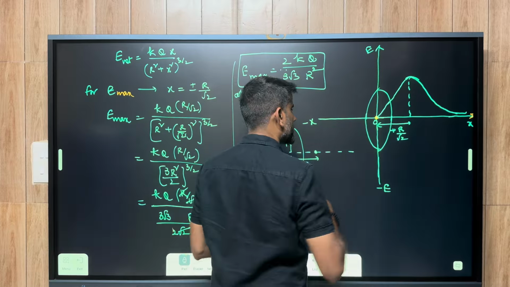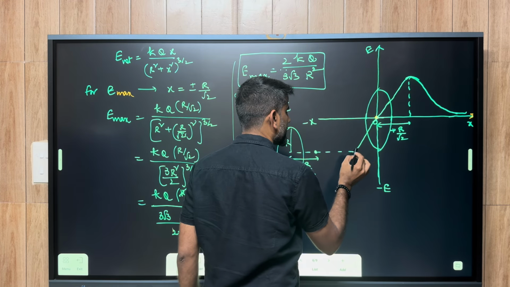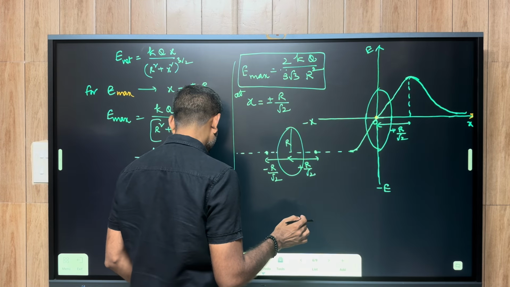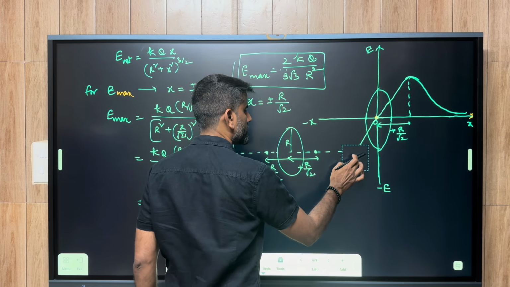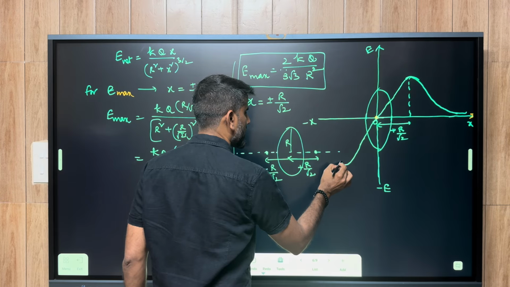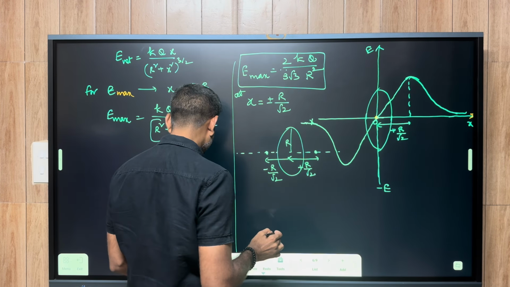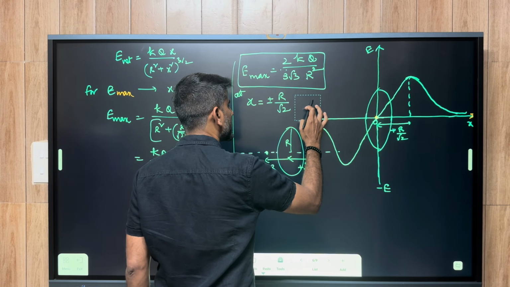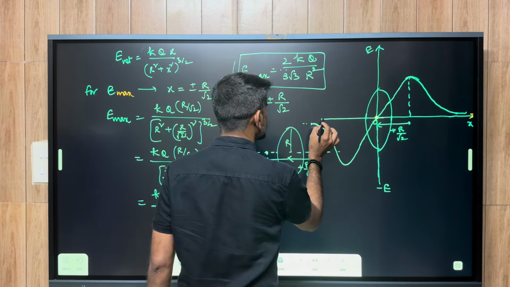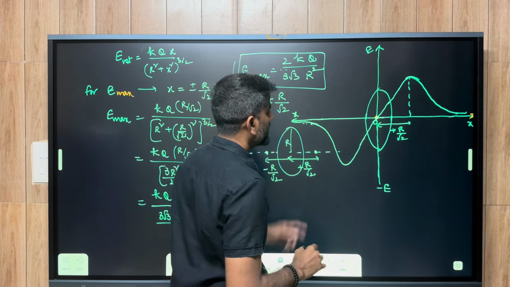It also starts from the center, and the electric field gradually increases, and it becomes maximum at some point, and it will be 0 at infinity.